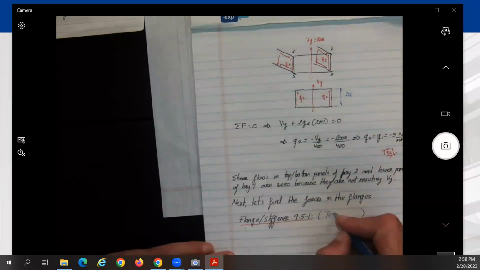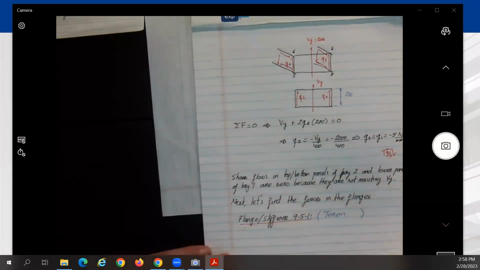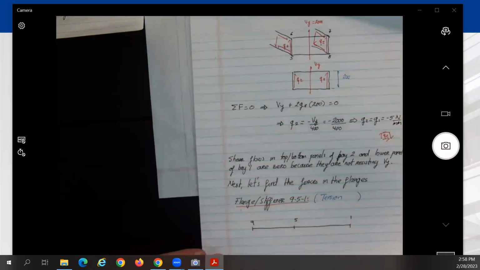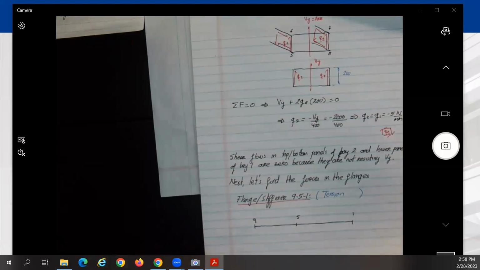So let's say this one would be in tension. Next I'm going to do a figure of the plan. So let's say this would be 9, 5, 1. The 5 should be right in the middle. I didn't do a good job. So this is 0, 500, 1000, the distance.